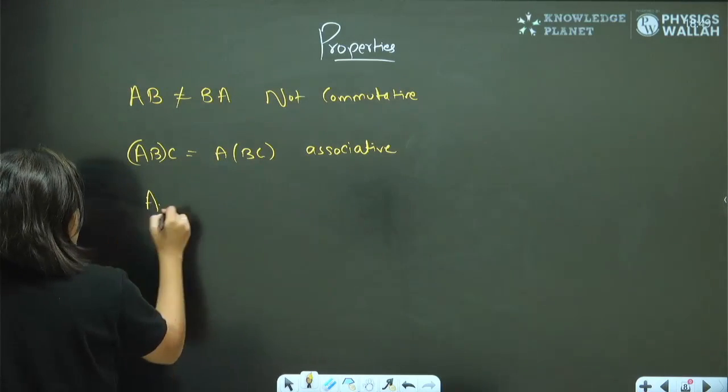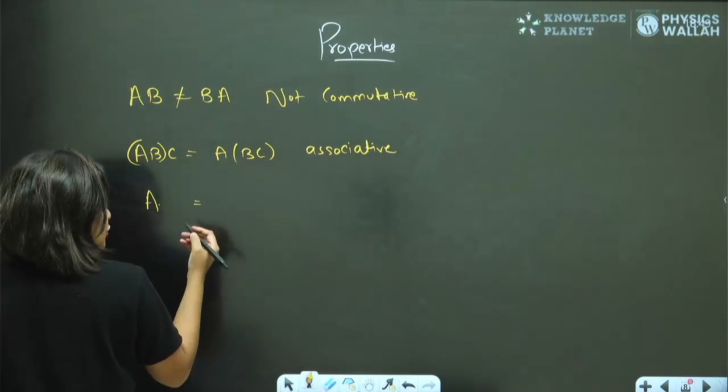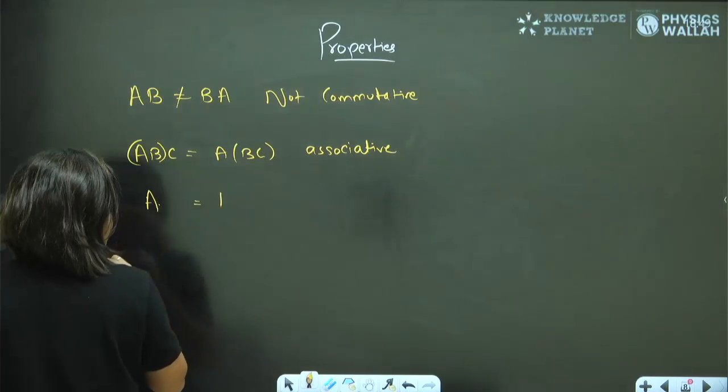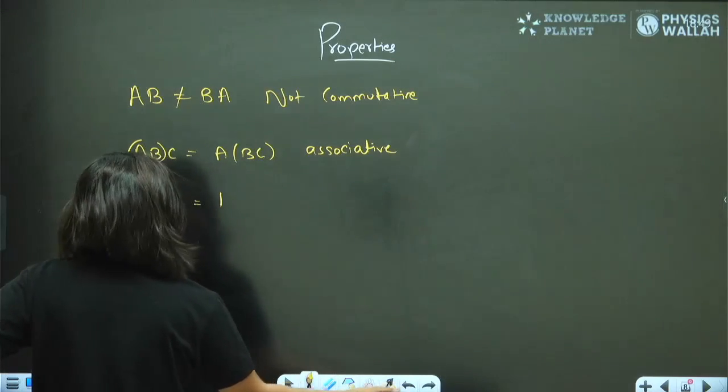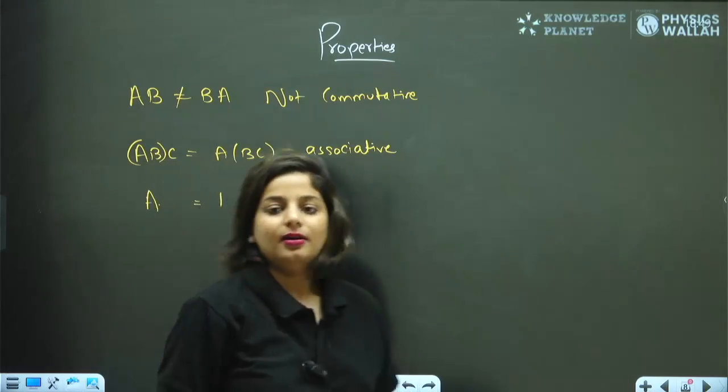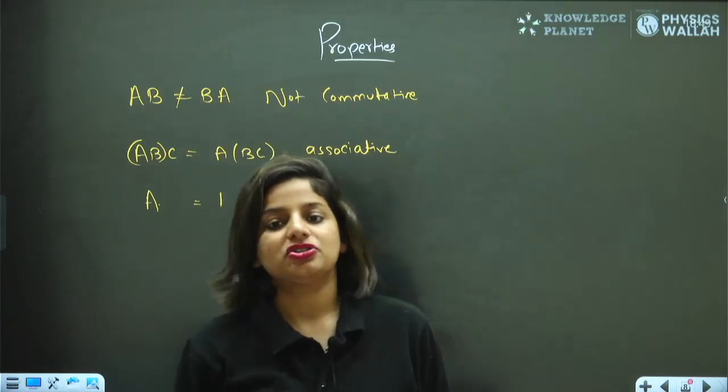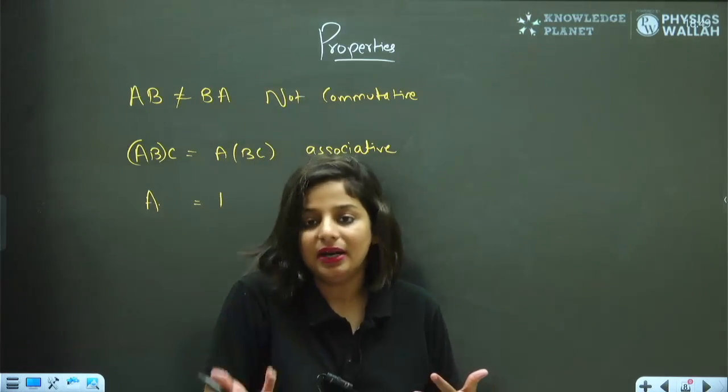What will you multiply with A in order to get the answer as 1 by A? In general, we don't go for division. Many students ask, ma'am, we do addition, subtraction, multiplication, why not division? Because division is nothing but inverse.